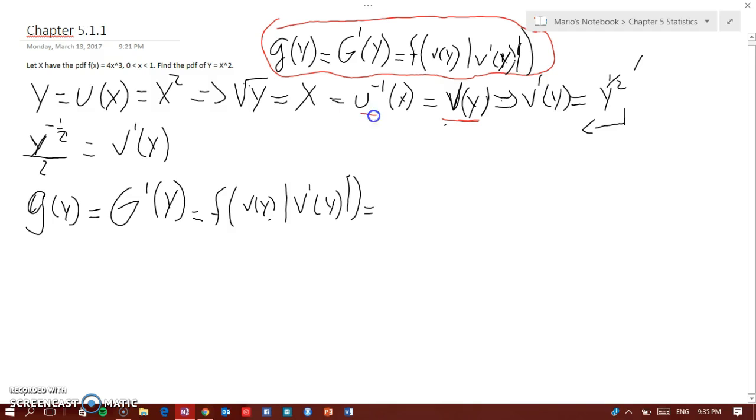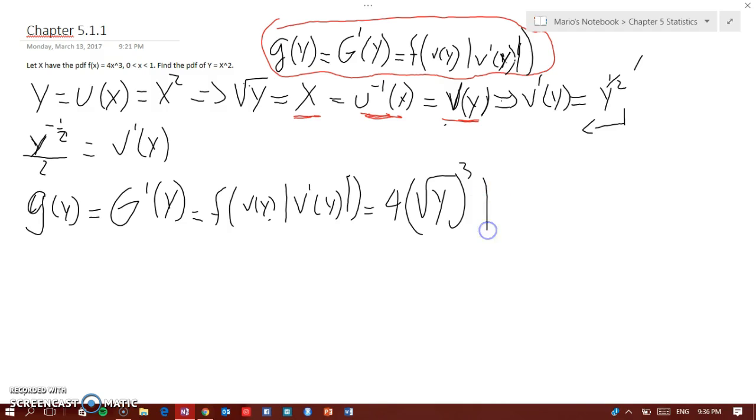V of y here is equal to u inverse of y, which is equal to x. So v of y is equal to x, but we have 4x cubed. So here v of y will be equal to 4 times the square root of y cubed, right? Times v prime of y, which is 1 over 2 times y to the power of negative 1/2. So times the absolute value of 1 over 2 square root of y.